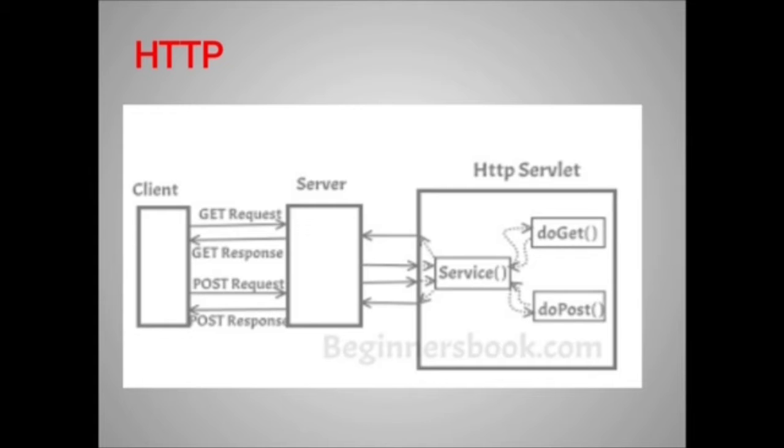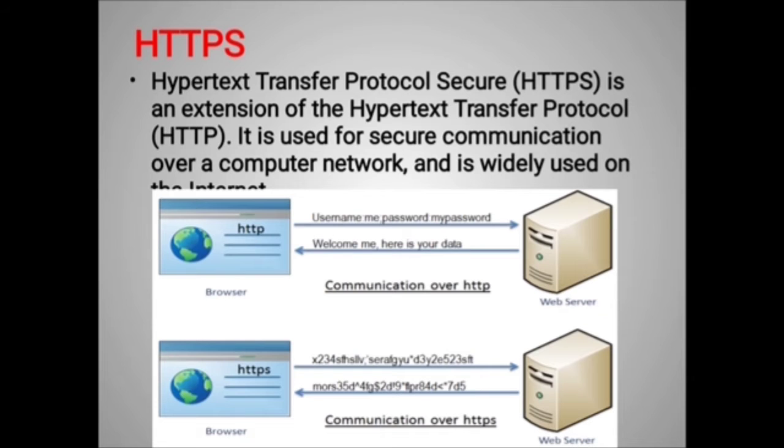This protocol controls all the contents of the web page on the sender side as well as the receiver side. But nowadays we are using one more version of HTTP, and that is HTTPS, which is more secure as compared to HTTP.